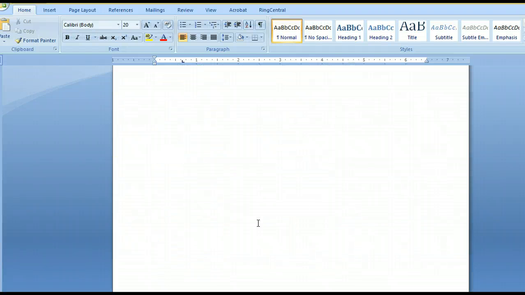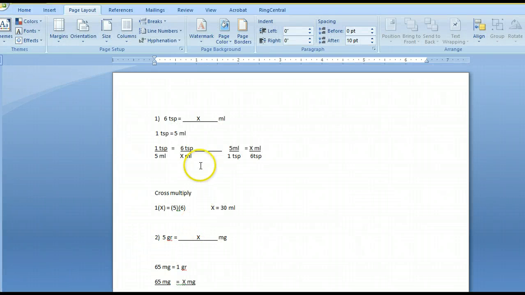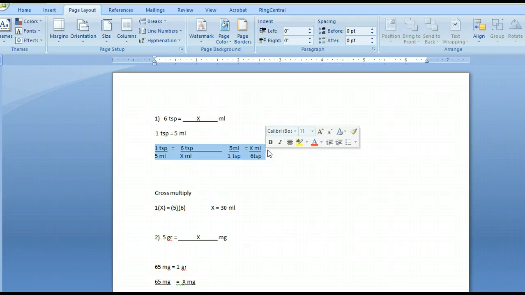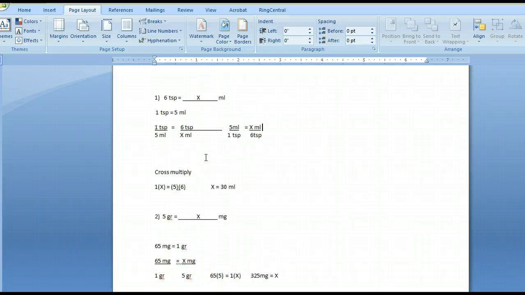Now the other thing I want to show you is how to convert between the household system and the metric system, or within the household system. So I have an example here. This is actually under document sharing. Hopefully you guys have downloaded this and worked through it.